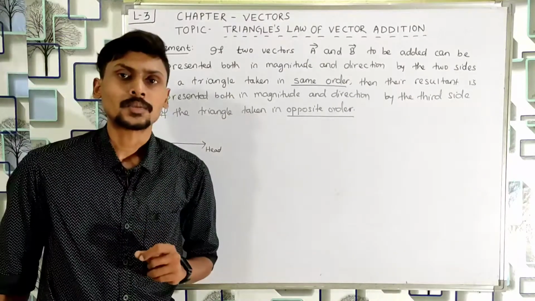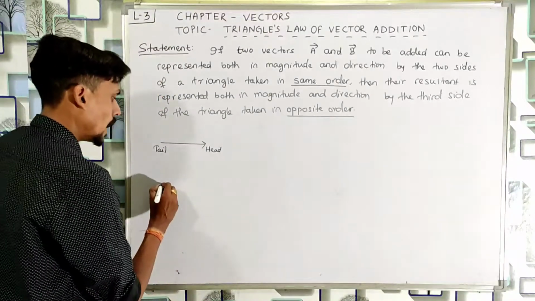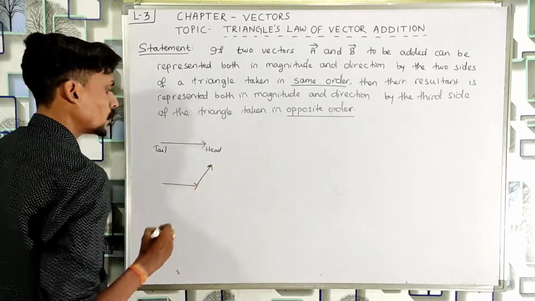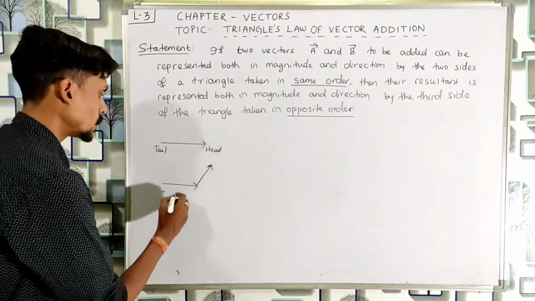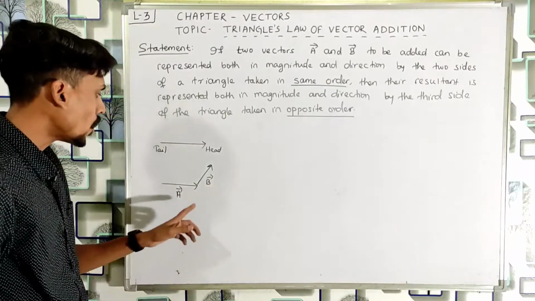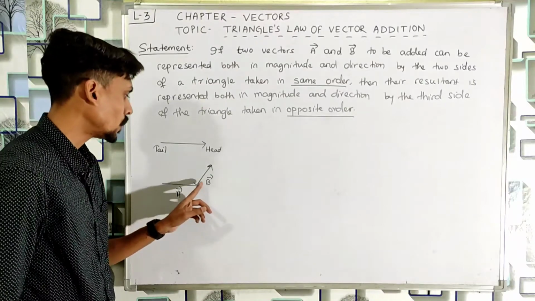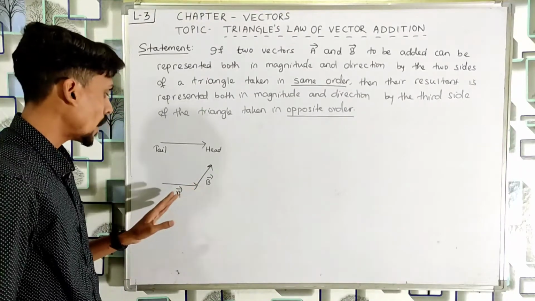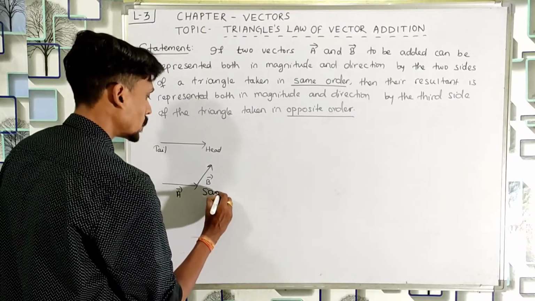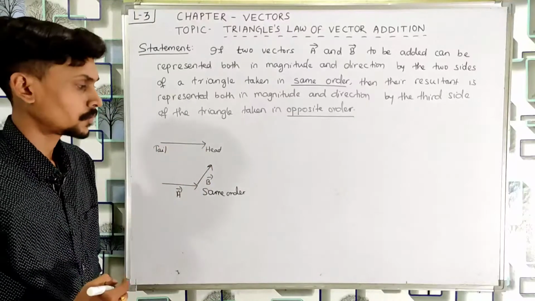Two vectors are said to be in the same order if the head of one vector is joined to the tail of the other vector. This is vector A, this is vector B. If the head of vector A is connected to the tail of vector B, then A vector and B vector are said to be in the same order. So same order means head is connected to tail.